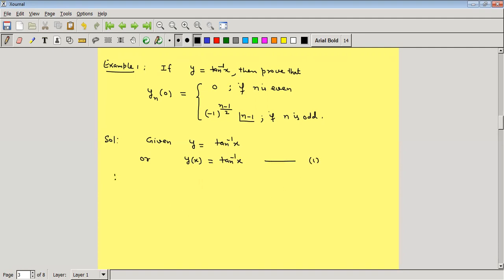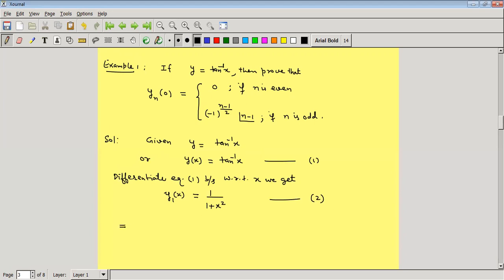Now differentiate equation 1 both sides with respect to x. We get y1(x), we can simply write y1, that is equal to 1 upon 1 plus x square, and let this be equation number 2.